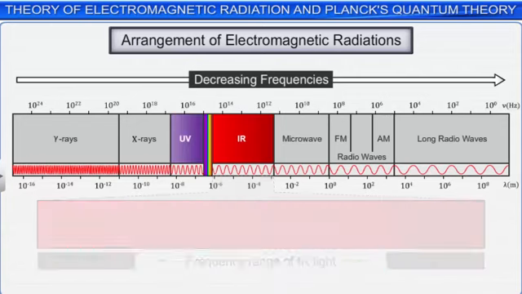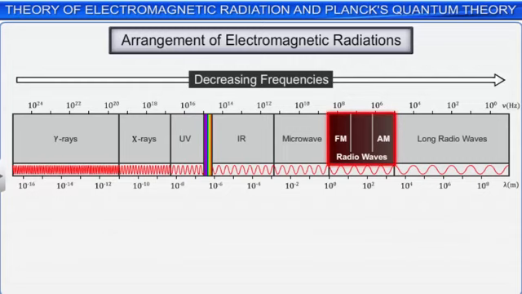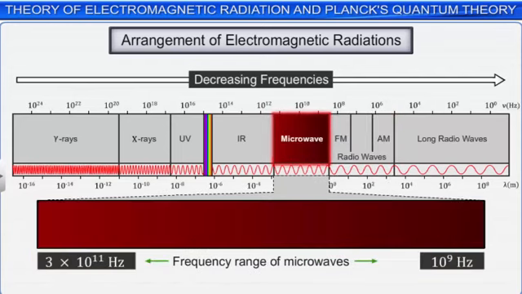Ultraviolet and infrared rays are not visible to the naked eye. Other important regions in the electromagnetic spectrum include radio waves with frequency less than 10 to the power 9 and microwaves with frequency of 10 to the power 9 to 10 to the power 11 Hz.